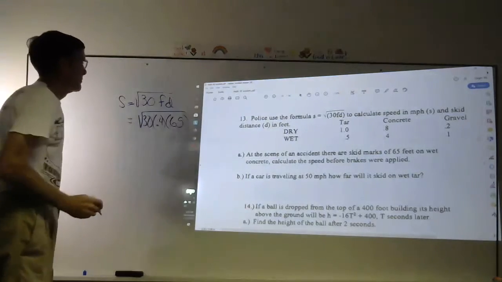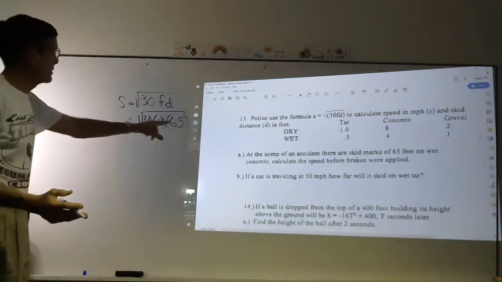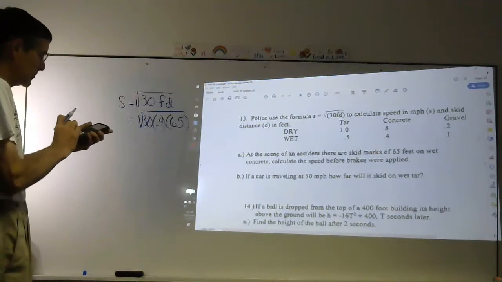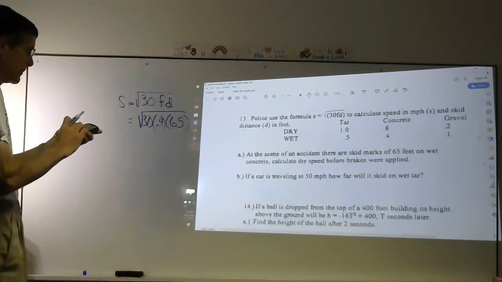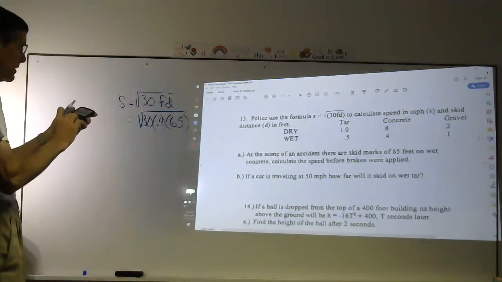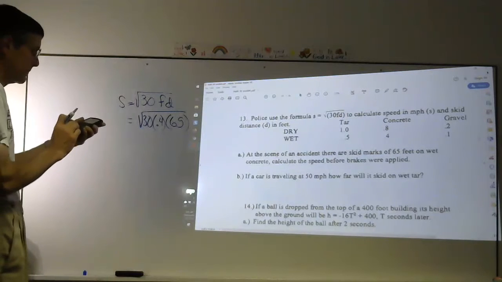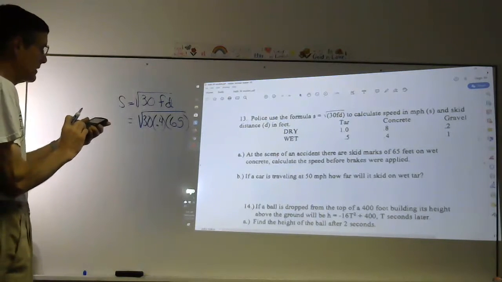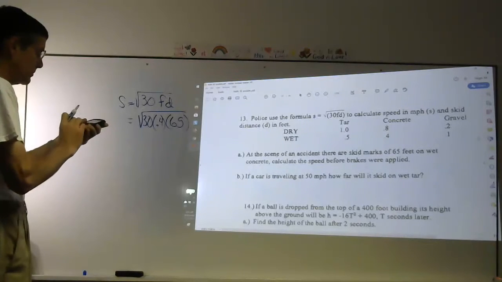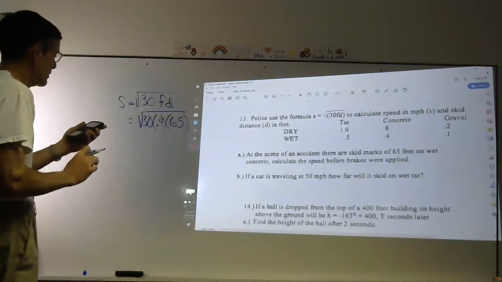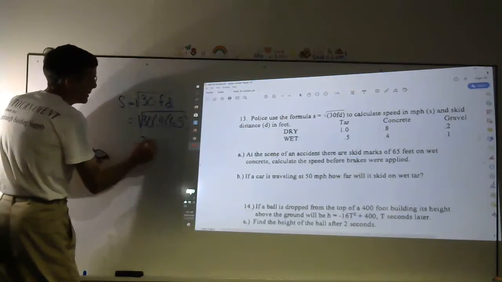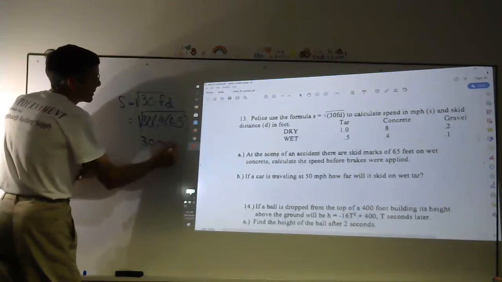Okay? So to find the speed, this is a relatively easy problem. I just multiply what's inside there. So I'm going to take 30 times 0.4 times 65. Okay? Get that answer. Then I want to take the square root of that answer, and I get that the speed was only about 30 miles per hour.